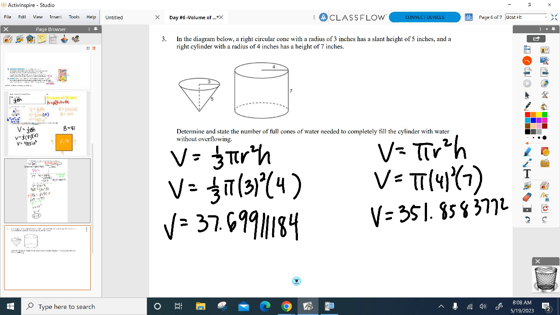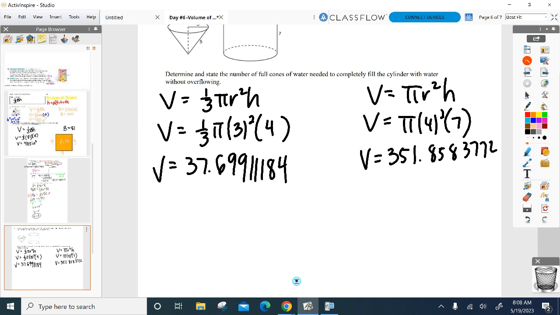Okay, how are we going to figure out how many cups? So again, I pour a cone in. There's about 37.7. Boom, pour it in. I pour another one in, another 37.7, but this is how much space I have in the cylinder. All right, what do you got for me? I divided it. There you go. So number of cups.